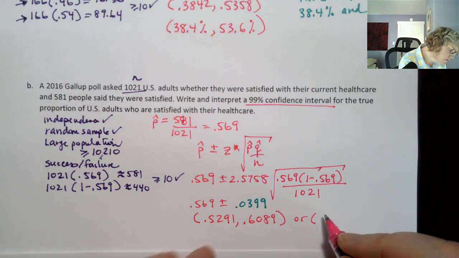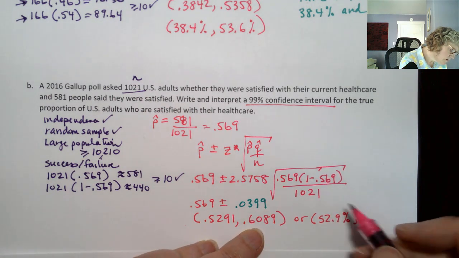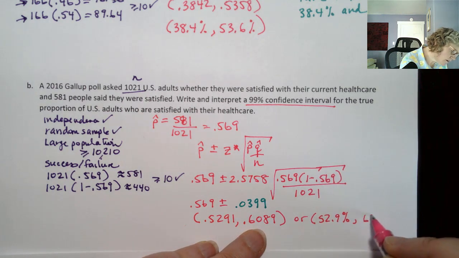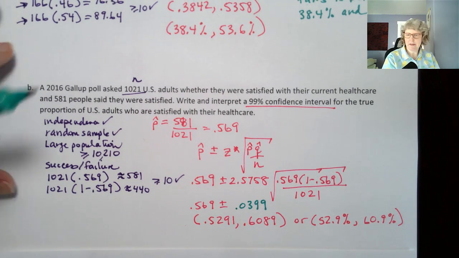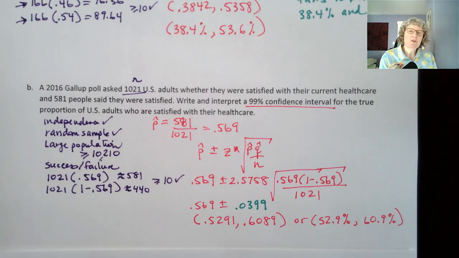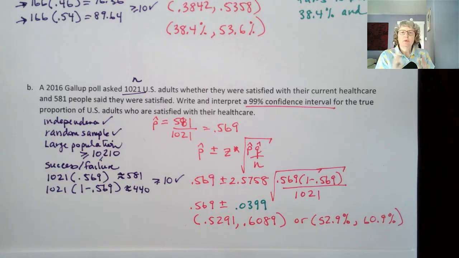Or if I do percentages and round it, now we'll have 52.9% to 60.9%. Okay, it seems like the narrower the interval, the more important maybe having a decimal place is, right? Because this still would be 53 to 61. But if you were getting a really narrow interval, then you might want to keep it more precise, right?